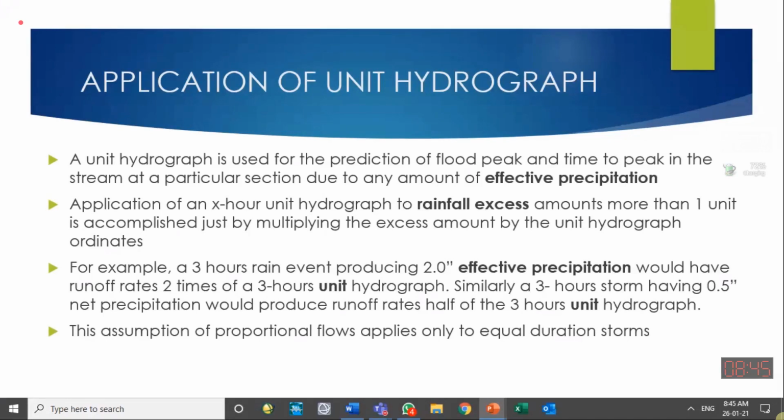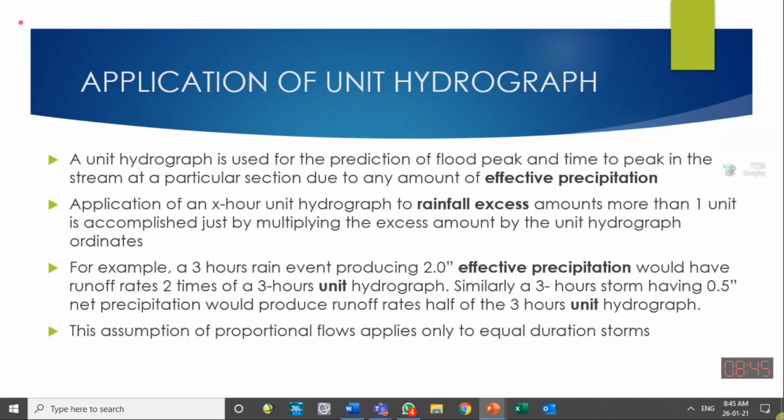The unit hydrograph is direct runoff for 1 inch of rain. If the rainfall for which I want to estimate the flood is other than 1 inch, I can use the unit hydrograph. I will multiply the effective rainfall with the ordinates of the unit hydrograph, and I will get the direct runoff hydrograph of that higher or lower rainfall other than 1 inch.